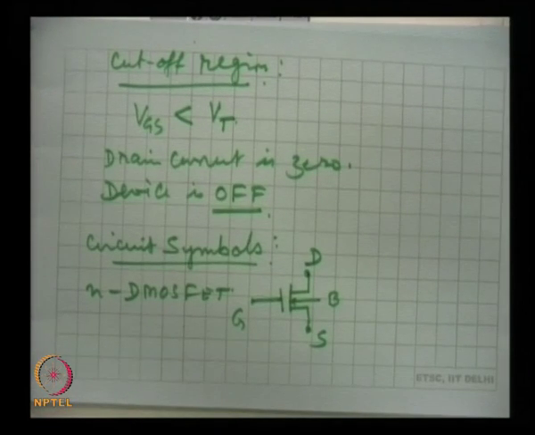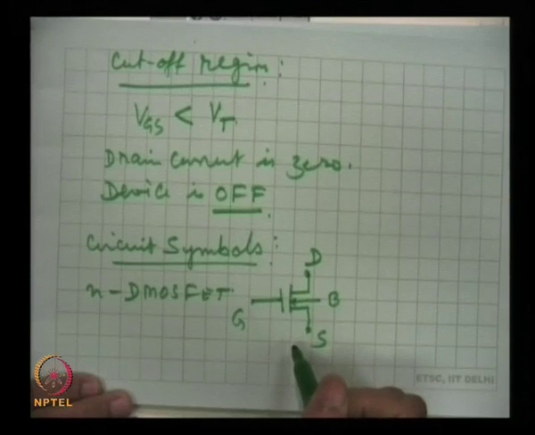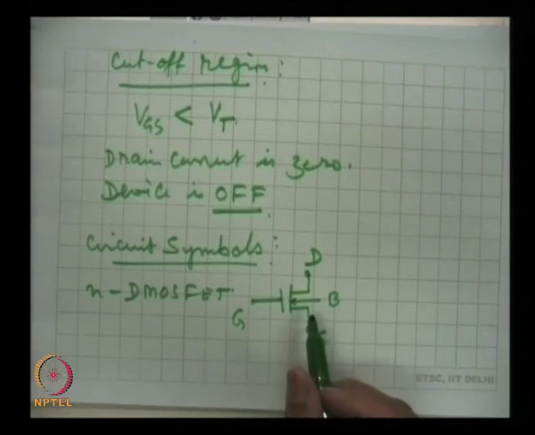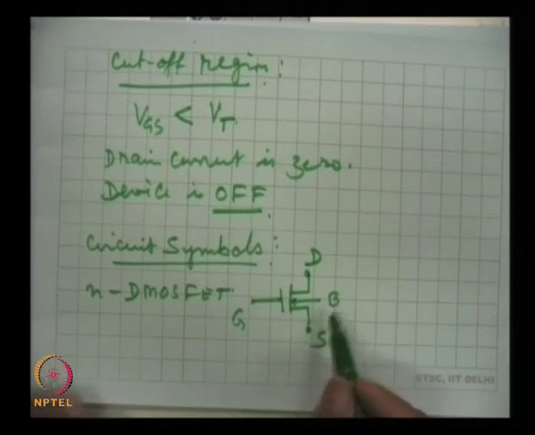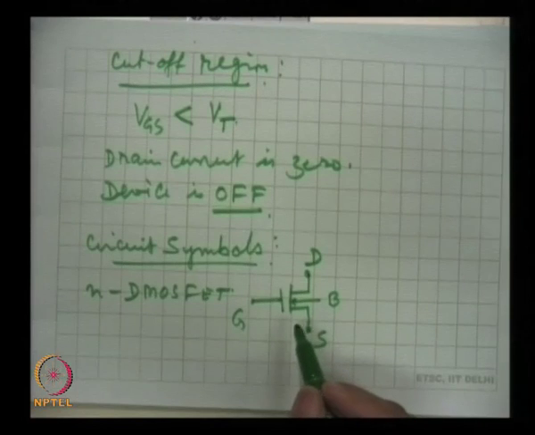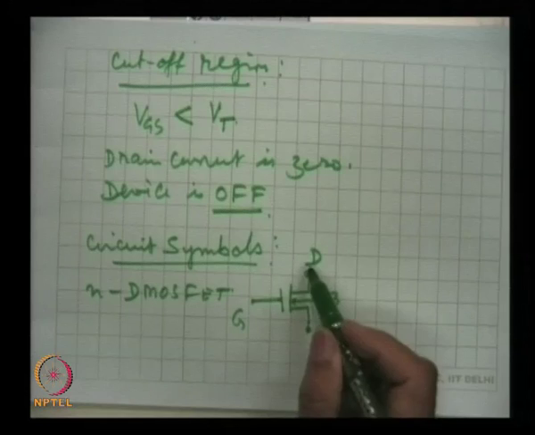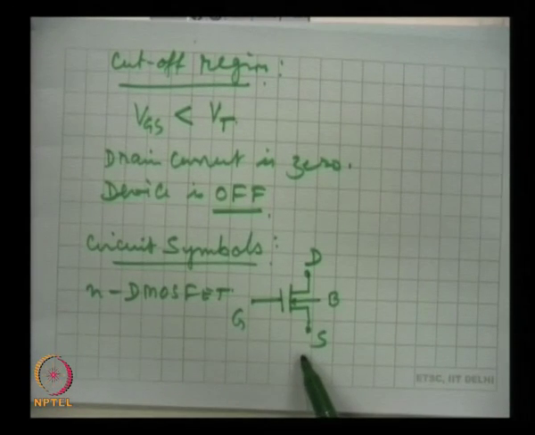Now, in many devices, in fact in most of the devices, the substrate is shorted to the source. In some devices, for some specific purpose which gives more flexibility of connection, there is a device having 4 electrodes: substrate, gate, drain and source, but these are only very few applications for this kind of connections.